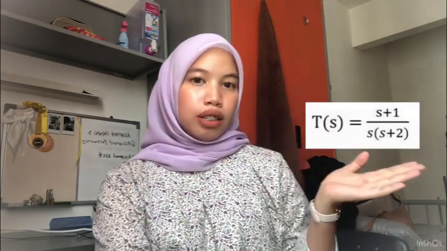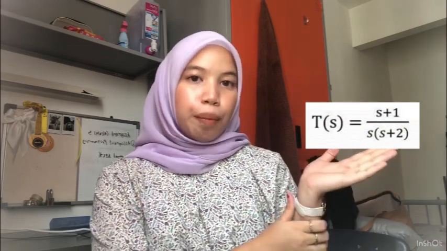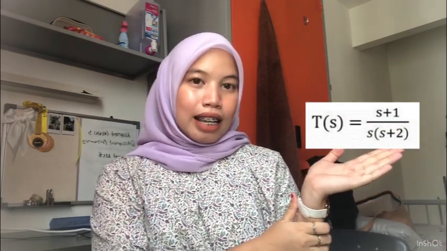Next, simple poles. When the term in the denominator is equal to 0, the poles and the equation's roots are the same. This is for the simple zero. This is simple poles. In order to get the poles, we use this equation.